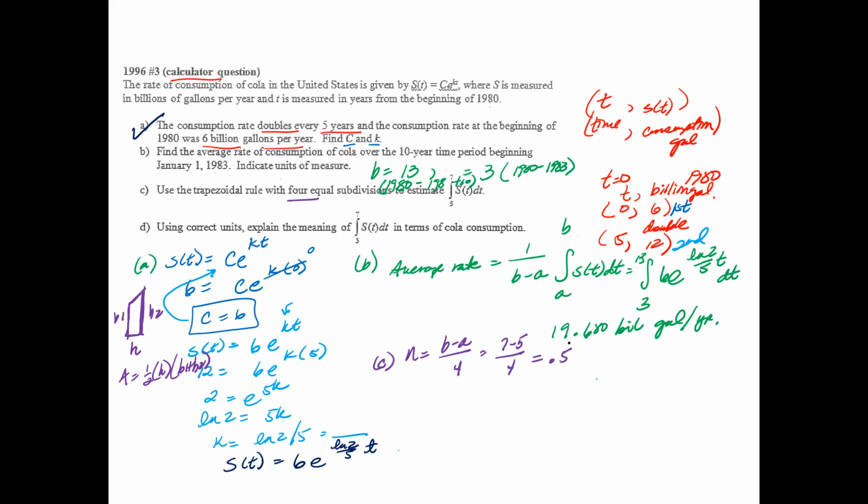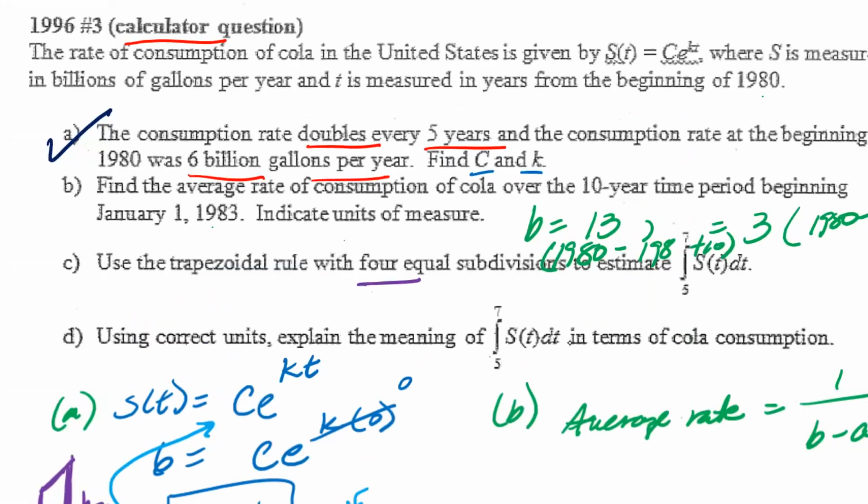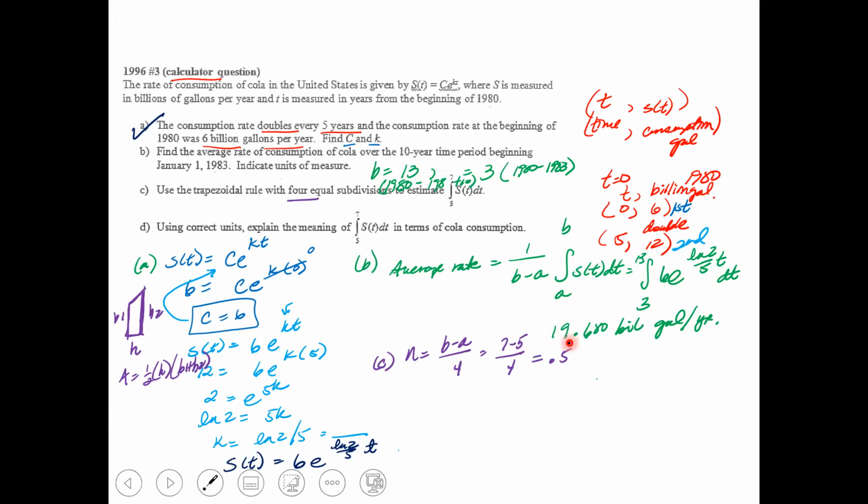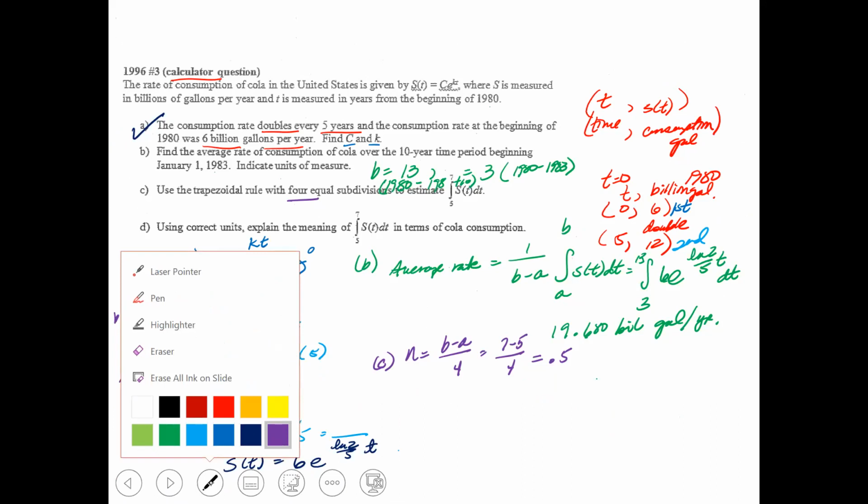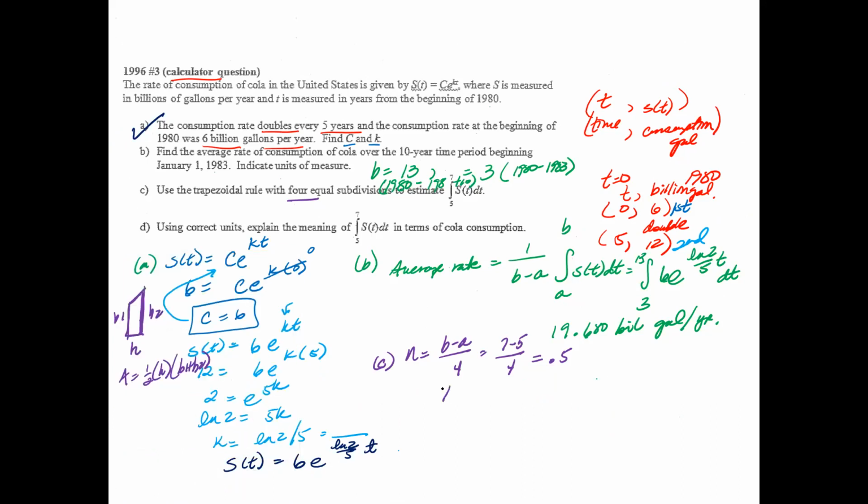Okay, so let's go ahead and do the trapezoidal rule. The rule of the trapezoid is going to be your W over 2.